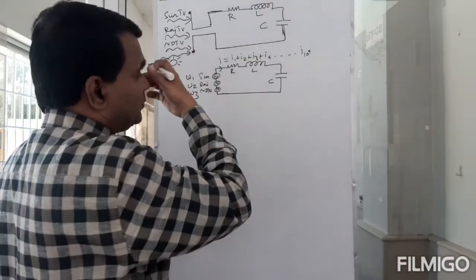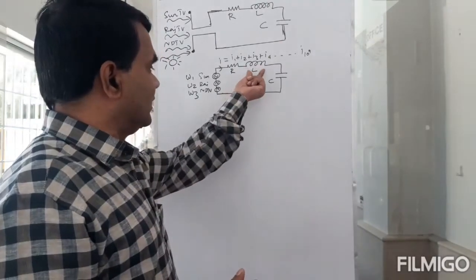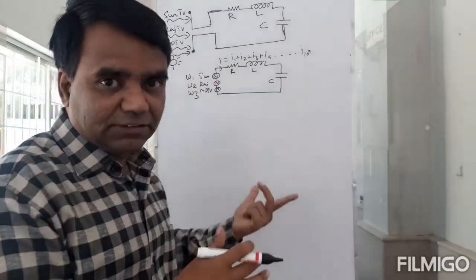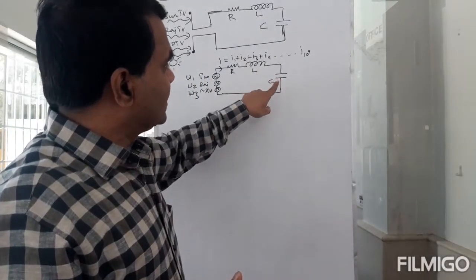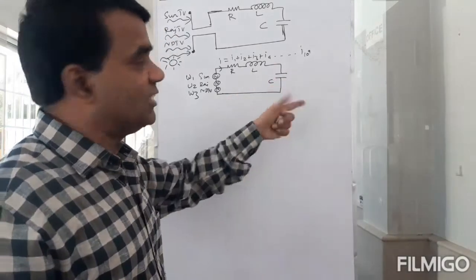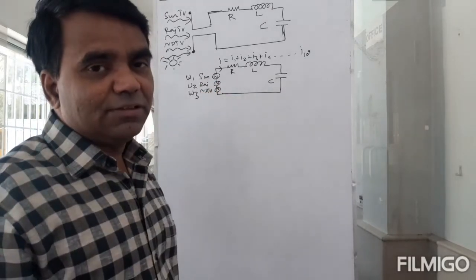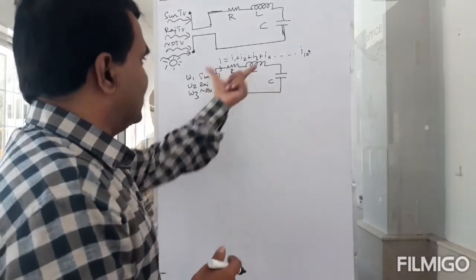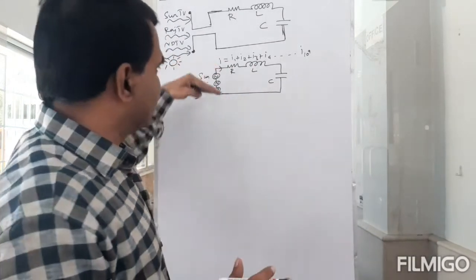For all these billions of signals, this inductor is going to offer a different reactance. The capacitance will do the same thing. So the Xc will also change based on the frequencies. So the impedance of this circuit will be different for different frequencies.